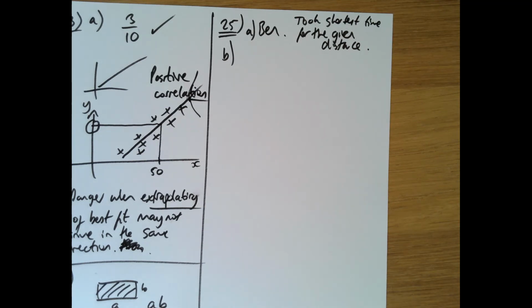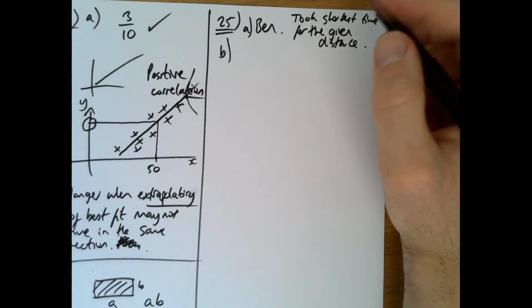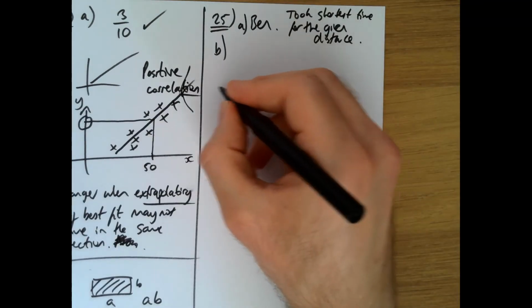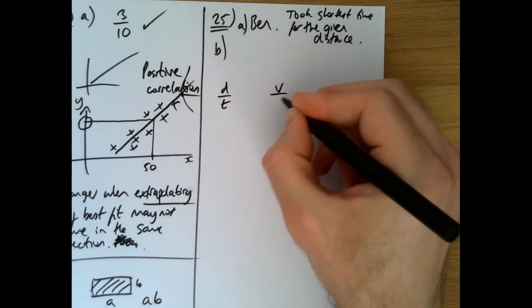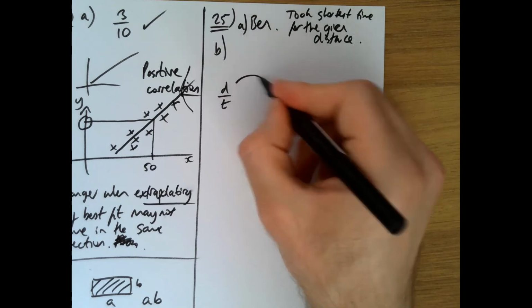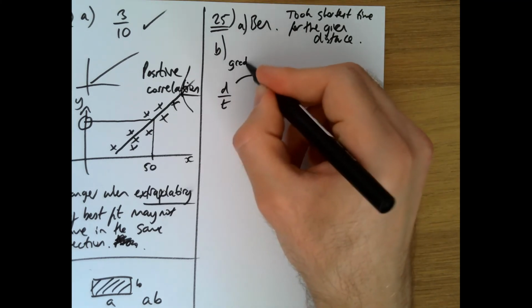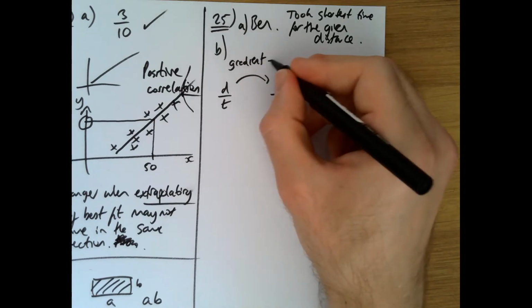With a distance time graph, the gradient of a distance time graph is the speed. One of the things I was taught: distance time, speed time, and then acceleration time. The gradient of a distance time graph gives you the speed.